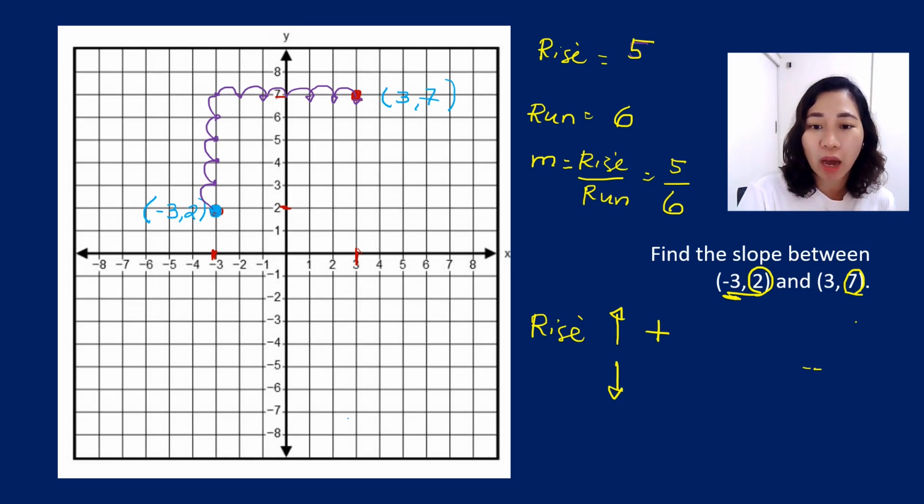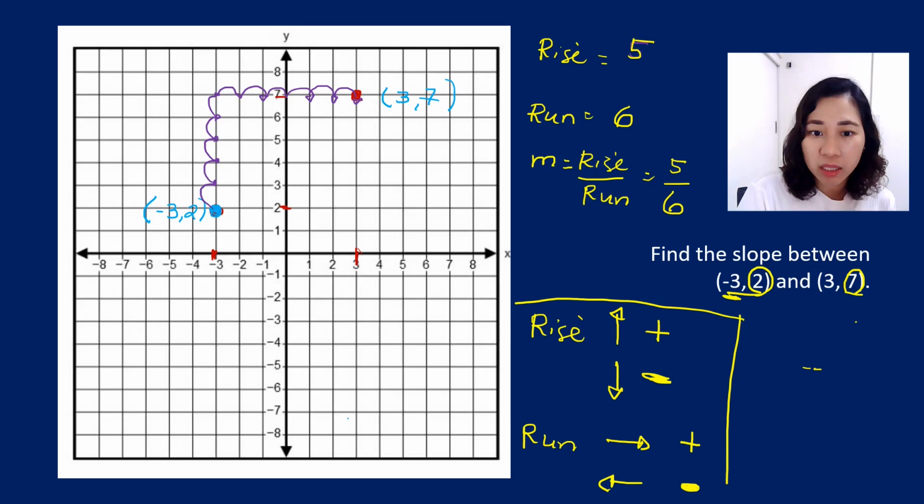When you're going down, that's negative. For the run, when you say run, you're going left or right. When you go to the right, that's a positive run. If you're going to the left, that's a negative run. So remember this.